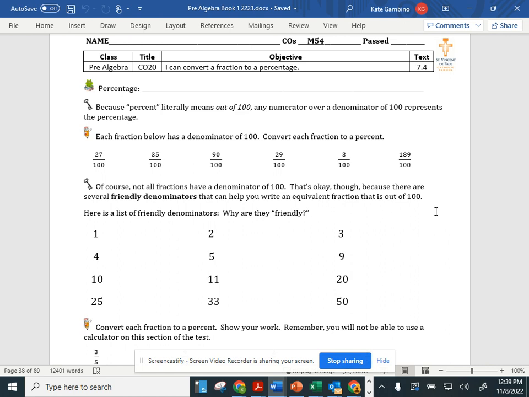What is our magic number with percentages, Alexis? 100. So that is going to be a big number we need to remember for today. A percentage means that it is out of 100.